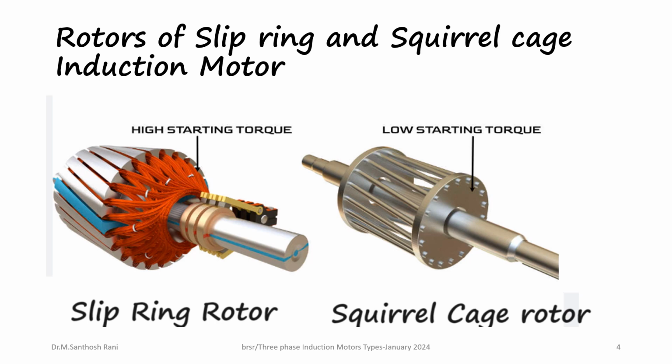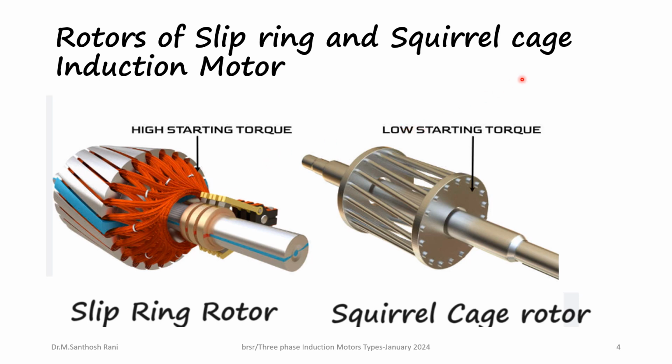The rotors of slip ring and squirrel cage induction motors are shown in the image. The rotor of a slip ring induction motor carries a three-phase winding, always connected in star, and the ends of the winding are connected to three slip rings as shown in this picture.